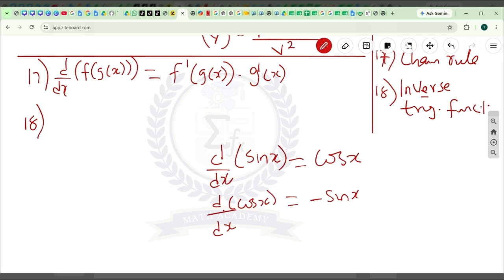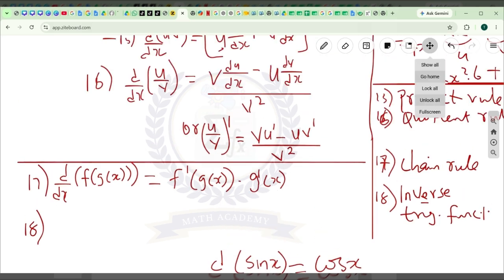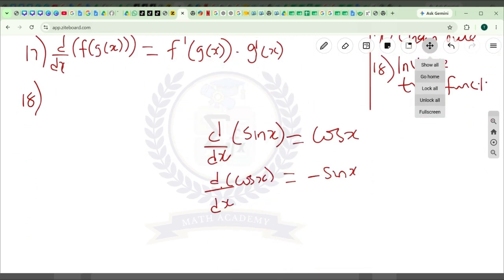That's what we want to look at, the 18th rule. So the 18th rule is the inverse. If you have the inverse of sine x, this is what the inverse of sine x means.